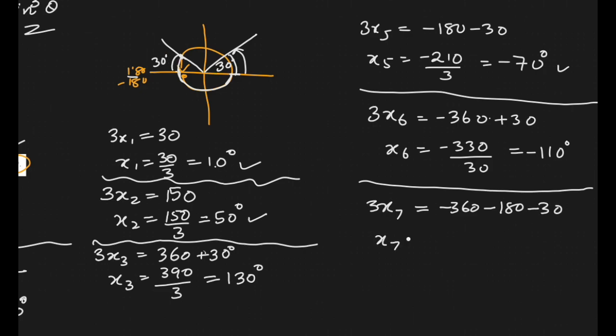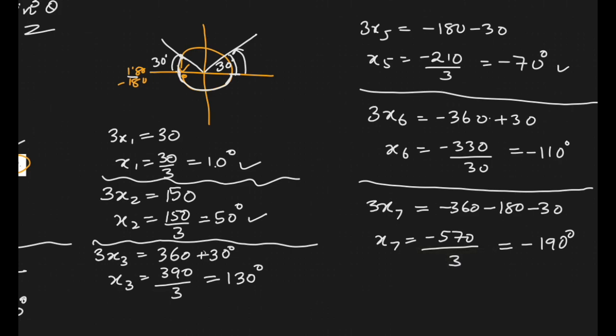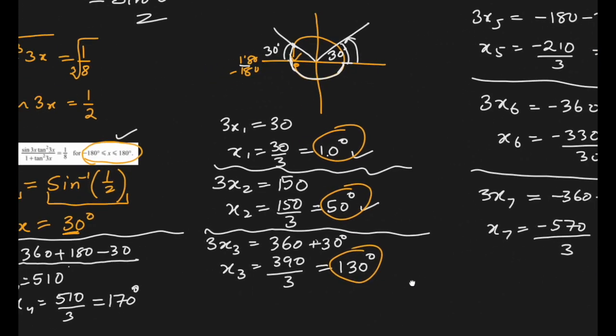So x7 comes out to be minus 570 over 3, which is minus 190 degrees. We do not want this. This is out of range. Reject it. So we are satisfied with 6 answers: minus 110, minus 70, 30, 50, 10, and there is one more, which is 170.